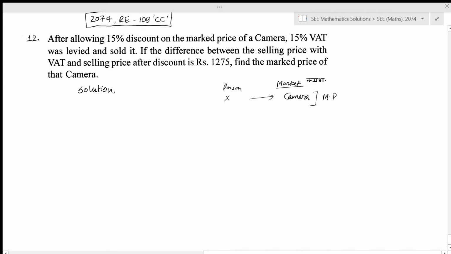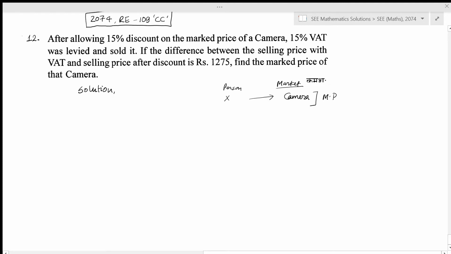It says the price of the camera is, suppose, 20,000. But person X is not going to pay that 20,000. He asks for some discount because the price is too high, and the seller says, okay, I'll give you a 15% discount. That means 15% will be subtracted from the marked price, right?